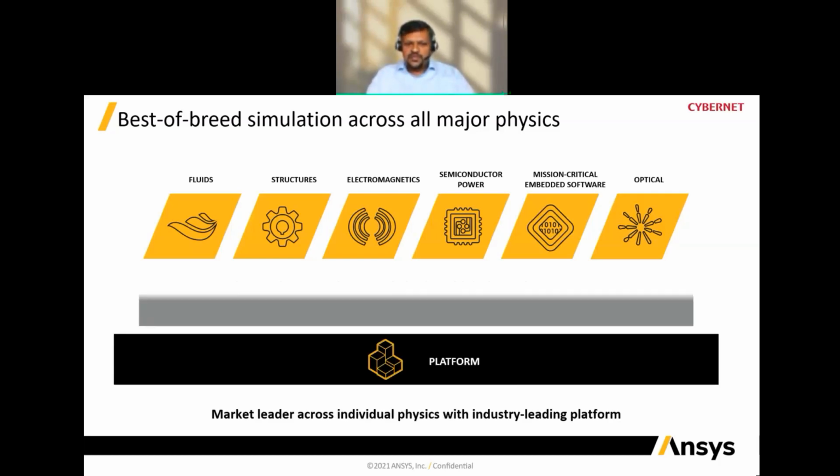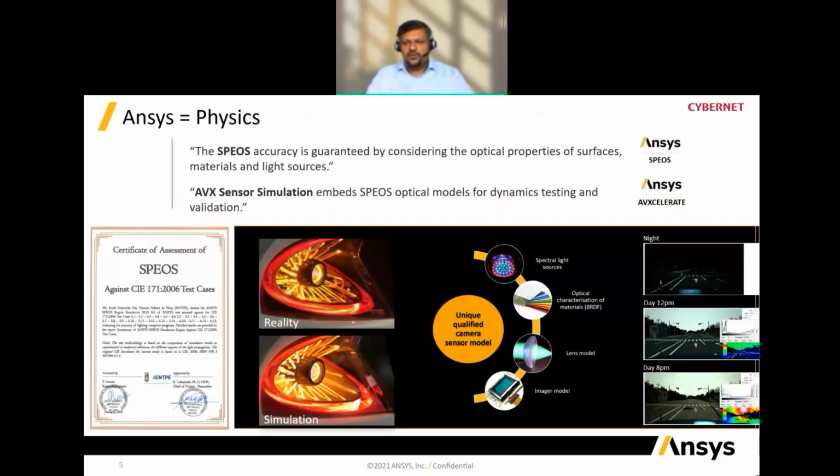So let's see what kind of solution you can look at in the Ansys portfolio. Before I go ahead, just to give a quick overview of the products I'm focusing on today. There are two products, this POS and the AV Accelerate sensor simulation. Both of them are meant for design and for validation, which I'll be working through in the coming slides.